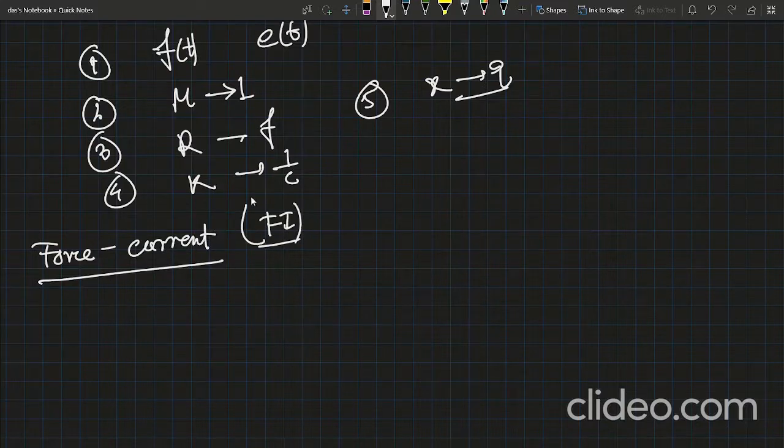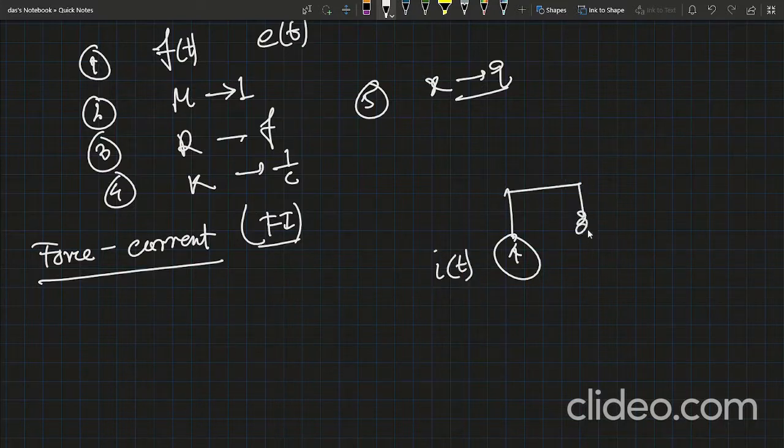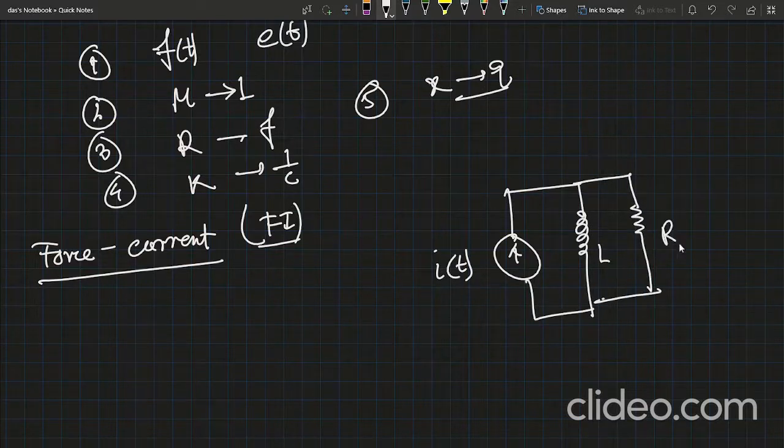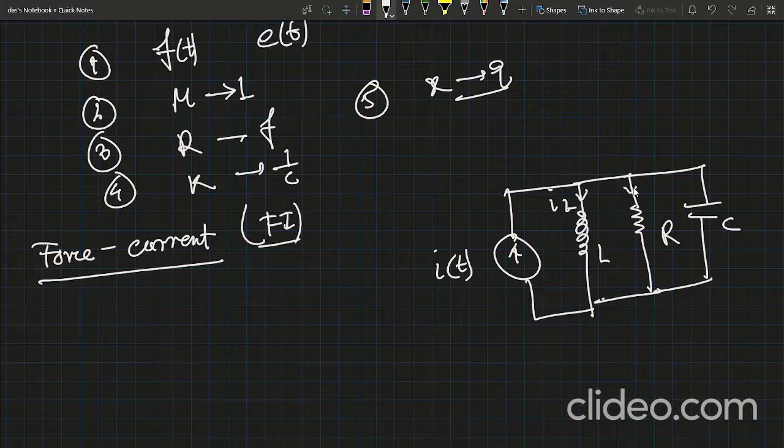For the circuit, consider a current source i(t), with an inductance L, a resistance R, and a capacitance C. The currents are iL, iR, and iC, and the output voltage equals e.